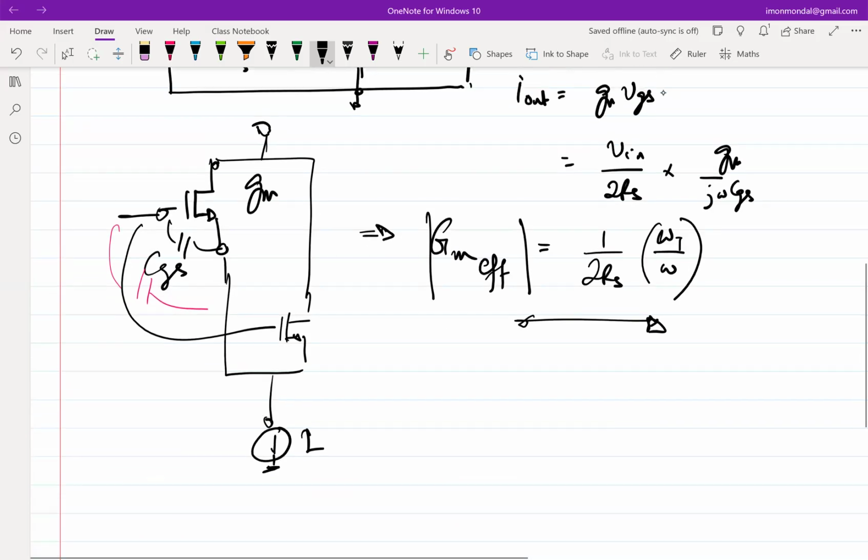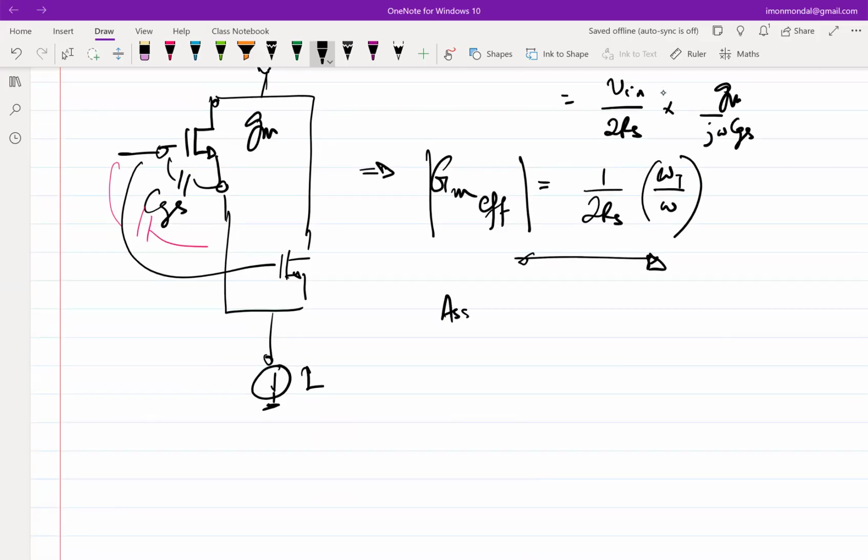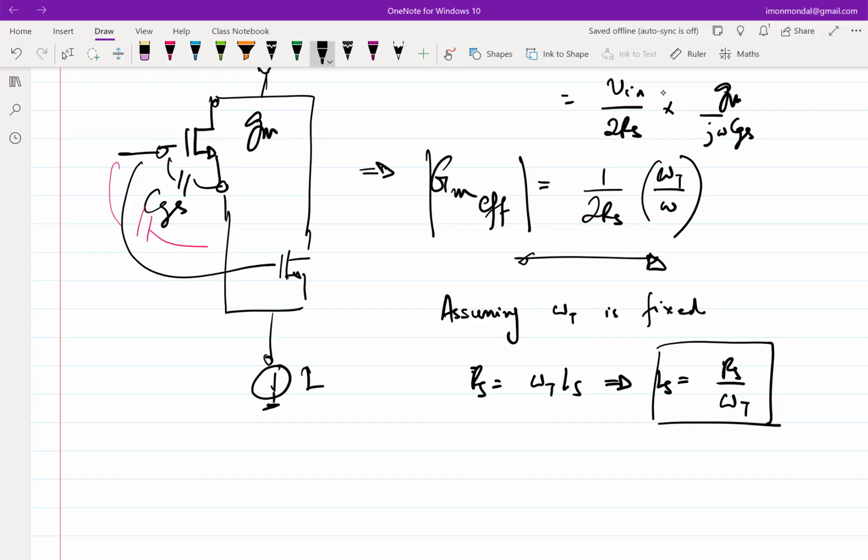So assuming omega T is fixed, or we have selected omega T, since Rs is omega T times Ls, your Ls becomes Rs over omega T. Okay. So that kind of pre-selects Ls.